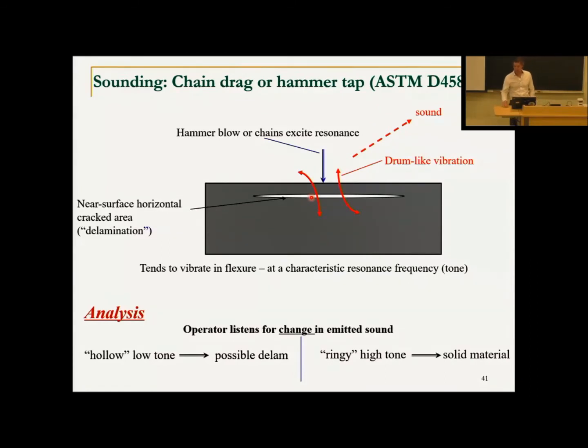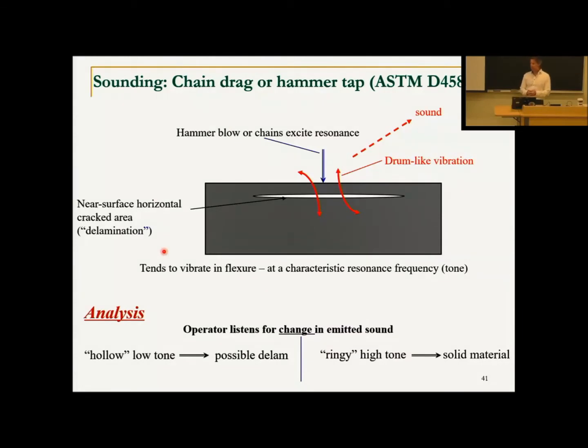So tapping, coin tap, chain drag, or sounding. This is a very primitive method, but it does have standardization in the United States, and I'm sure in other countries elsewhere. How does it work?